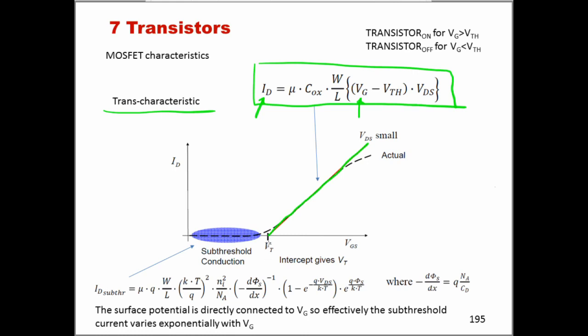Nevertheless, in both situations, what we can see from the trans characteristic is where the transistor is on and where the transistor is off. That's what the trans characteristic does. As we can see here for our n-channel MOSFET, when VG is smaller than V threshold, and so we are in this region here, the transistor is effectively off, and we are in the so-called sub-threshold region.